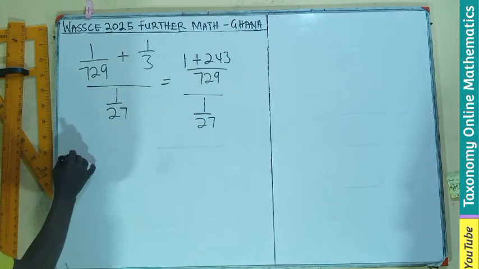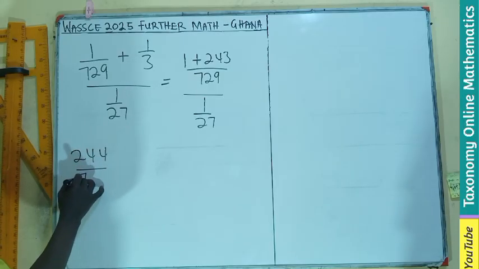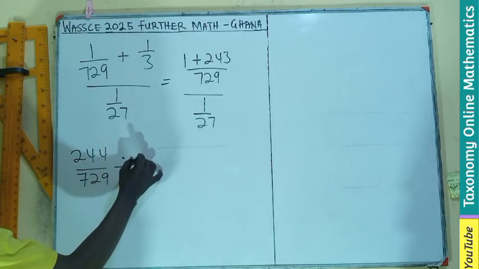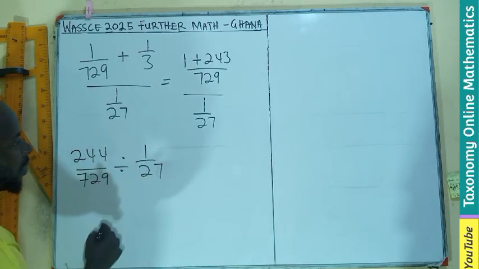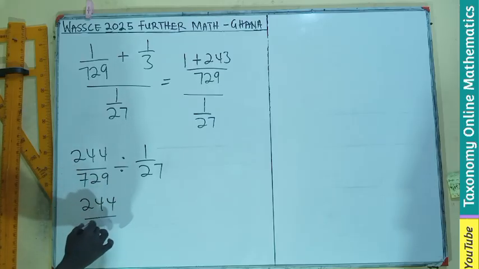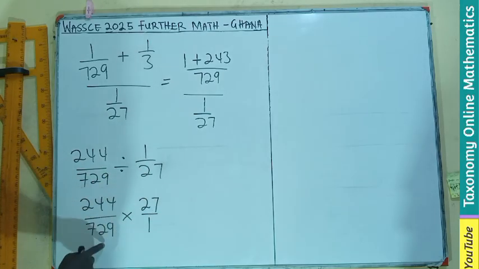So the top becomes 244 divided by 729, then divided by 1 over 27. You maintain your 244 over 729 times; this goes up, this comes down, so this will go here 27 times.